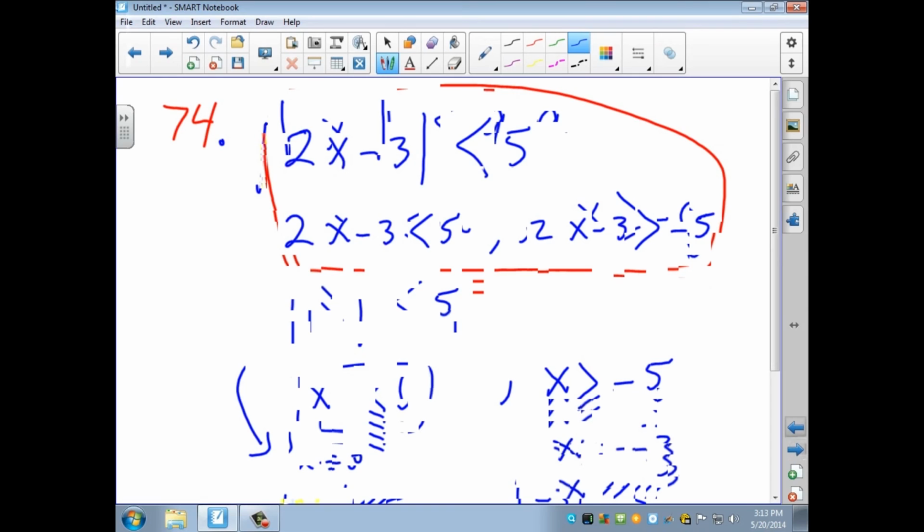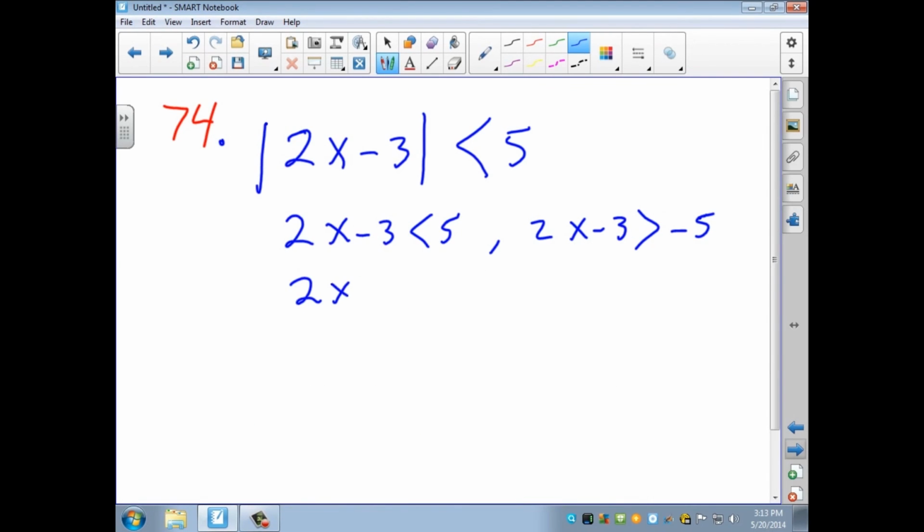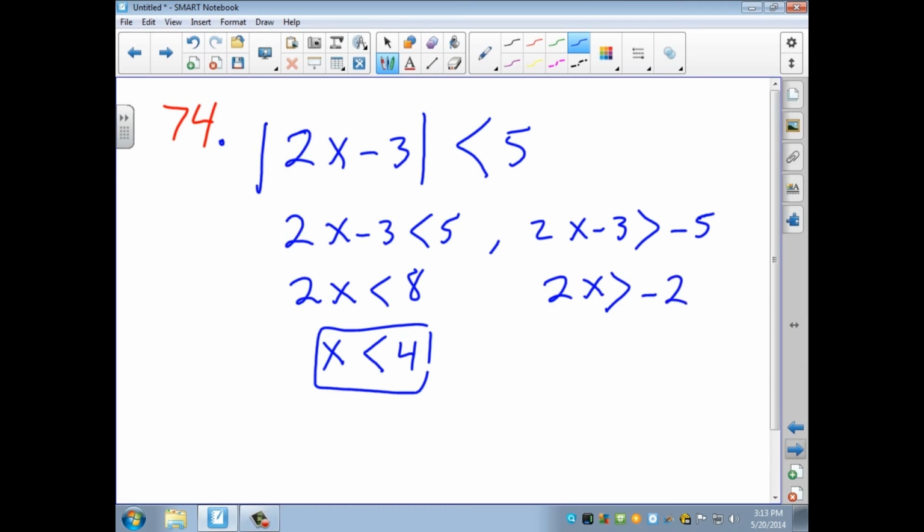So you solve this one: 2x is less than 8, taking minus 3 to the other side. Therefore, x is less than 4. And here, 2x minus 3 greater than minus 5, so 2x is greater than minus 2, x is greater than minus 1.